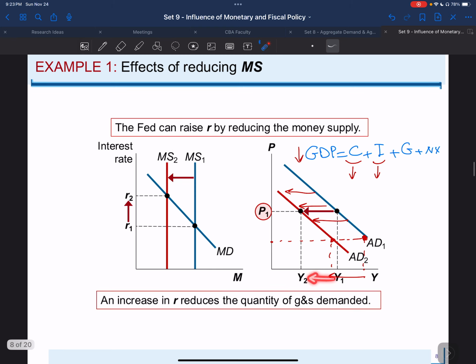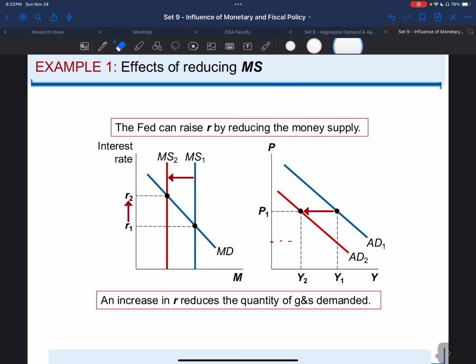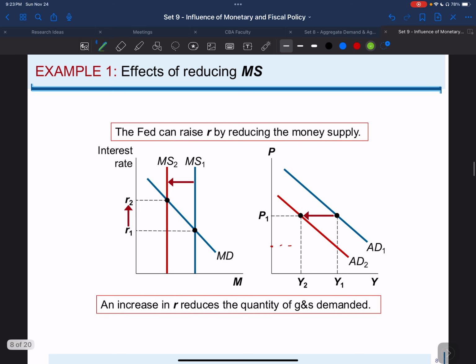Okay, you see the output is decreasing, while if we just look at it at the same time with aggregate supply, let me draw that here. So if we have this aggregate supply, if this was the initial equilibrium, this will be the new equilibrium.